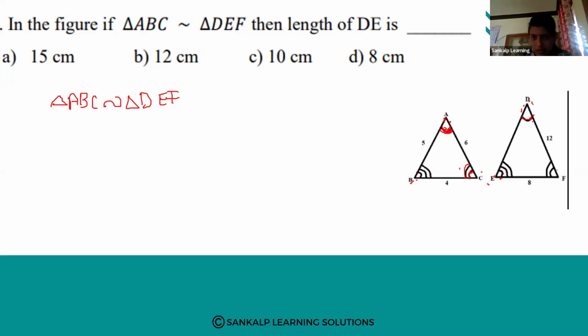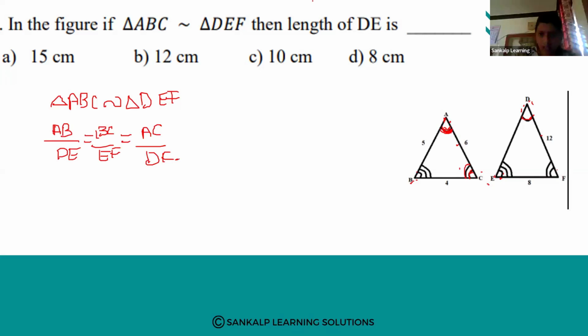So this corresponding side is there. That means the corresponding side of this side will be DF. Therefore we can write it as AB divided by DE, BC divided by EF is equal to AC divided by DF.